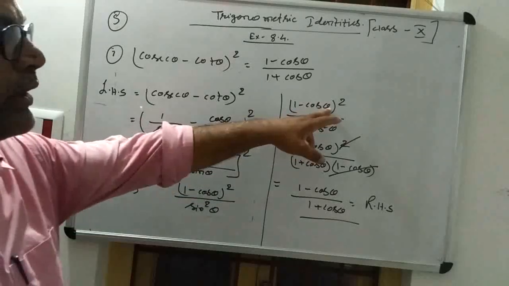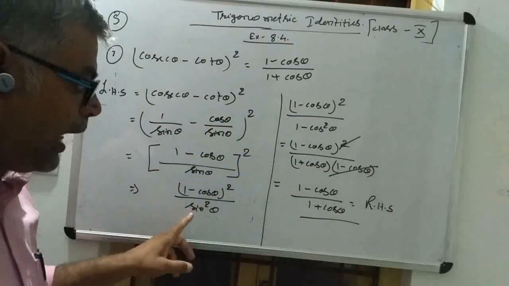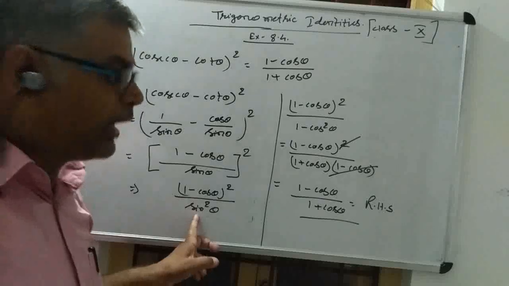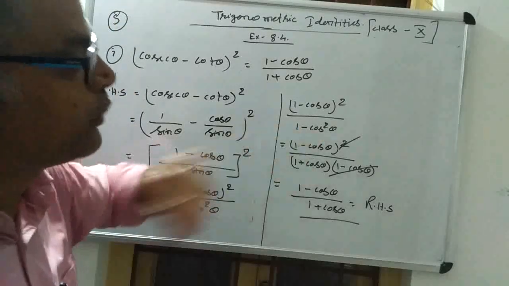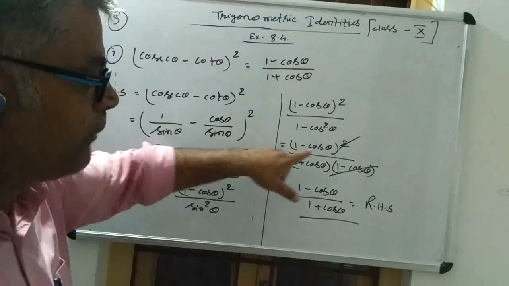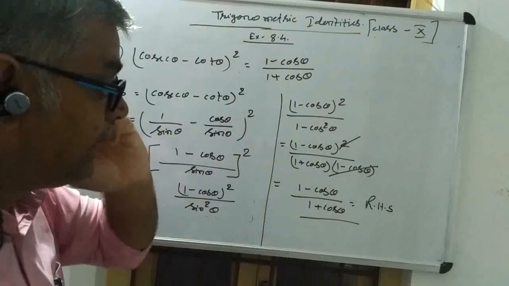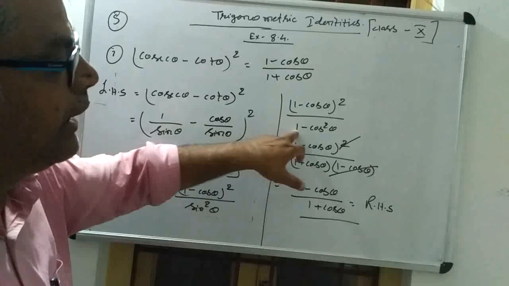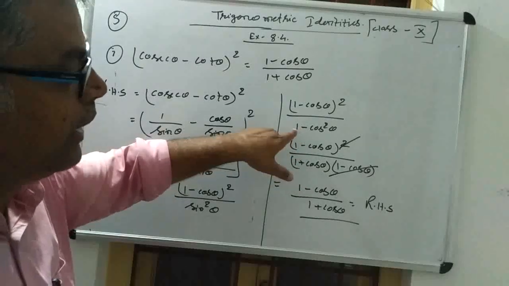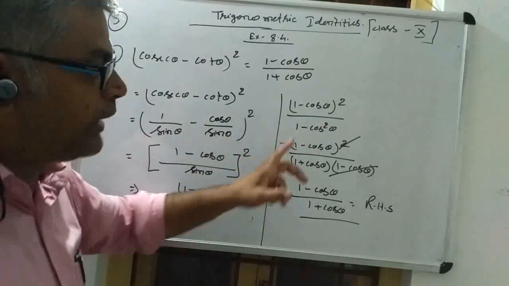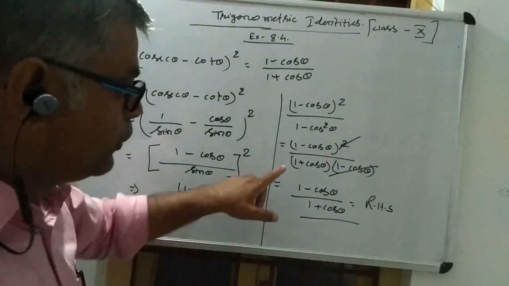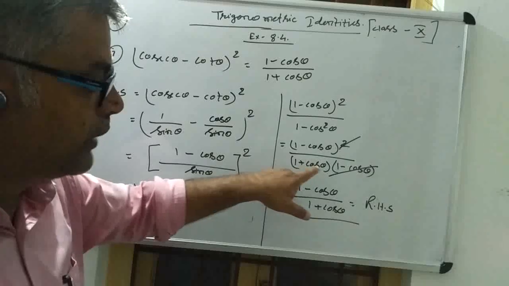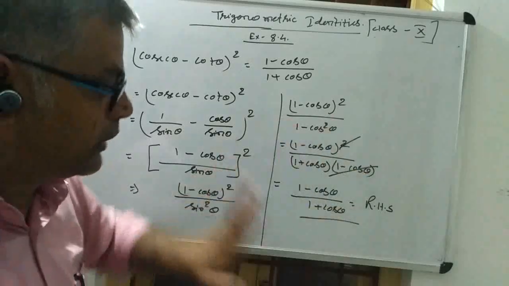Now 1 minus cos theta whole square is as it is, and in place of sin square theta we write 1 minus cos square theta. We split 1 minus cos square theta using the formula a square minus b square, so it becomes 1 plus cos theta into 1 minus cos theta.